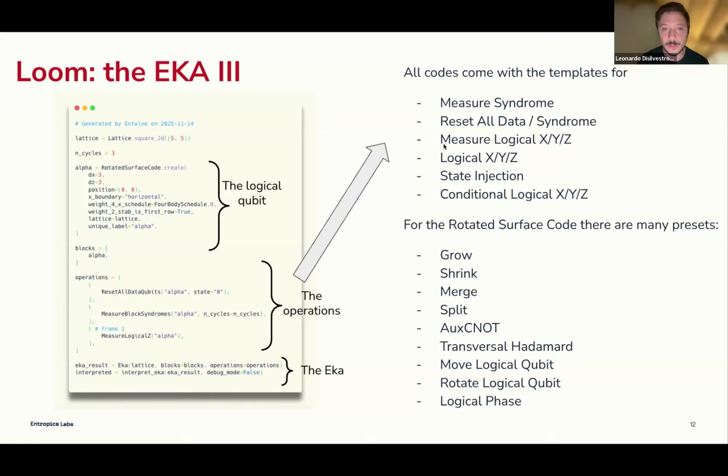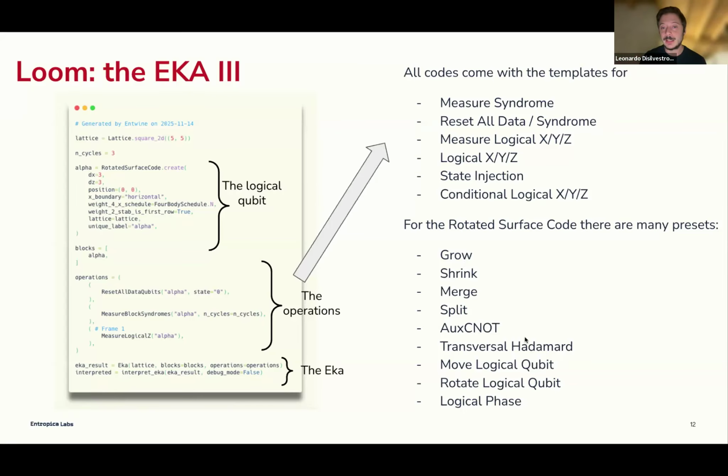So once you define your logical qubit and your blocks, you have implicitly defined all this already, so you have ways to define these operations out of the box immediately. For the rotated surface code, there is a bit more. If you're not familiar with the rotated surface code, we'll see a few examples of this later on. But grow, shrink, merge, and split are basically your lattice surgery operations, which you may be familiar with.